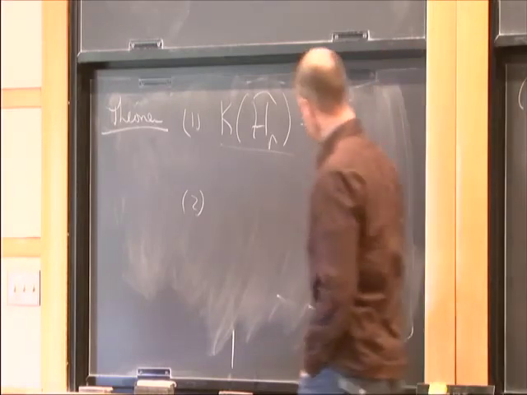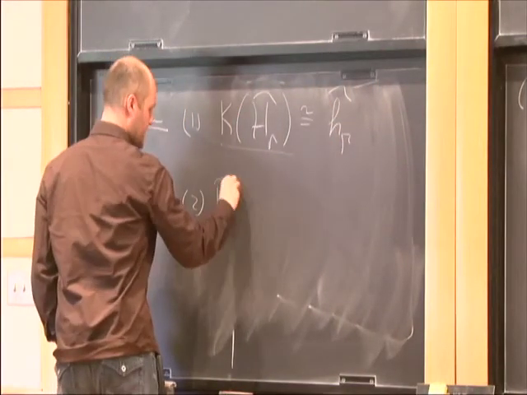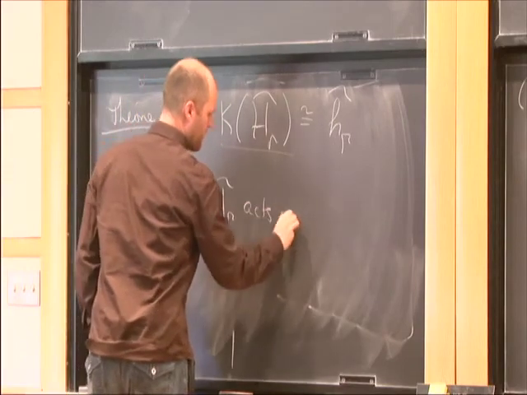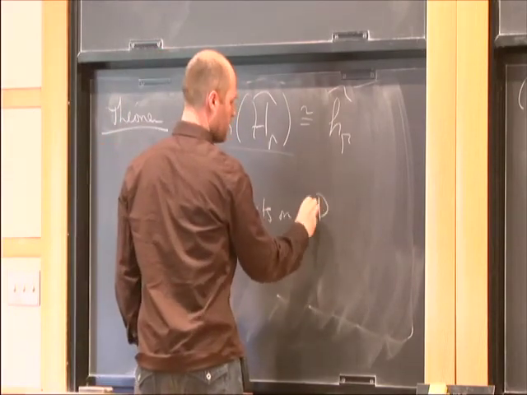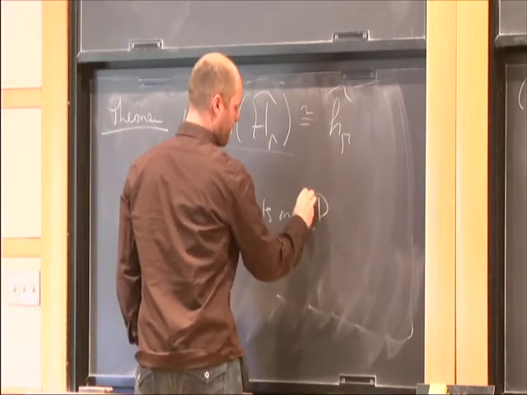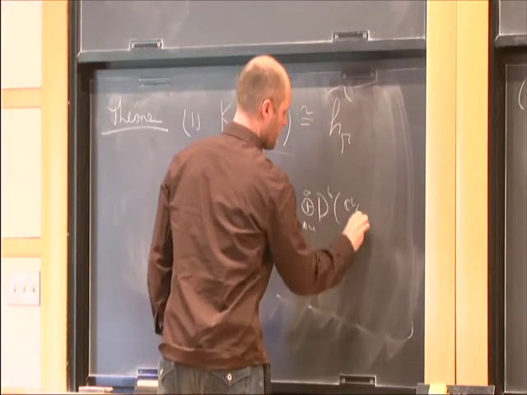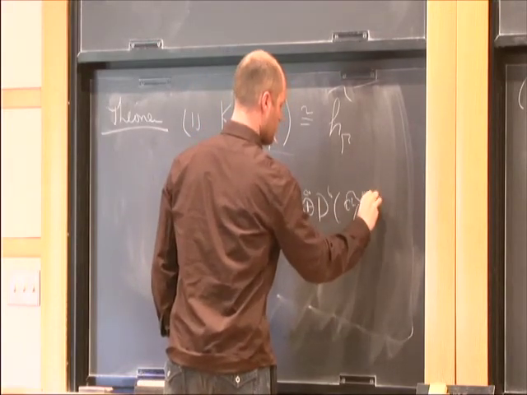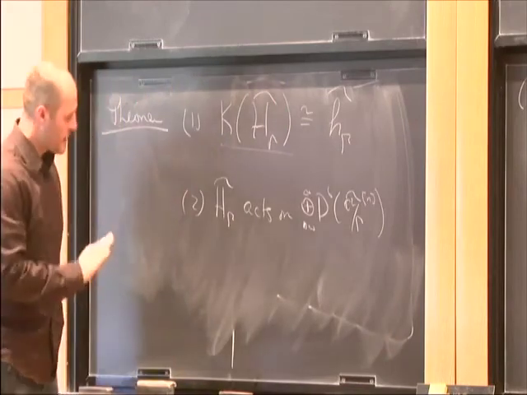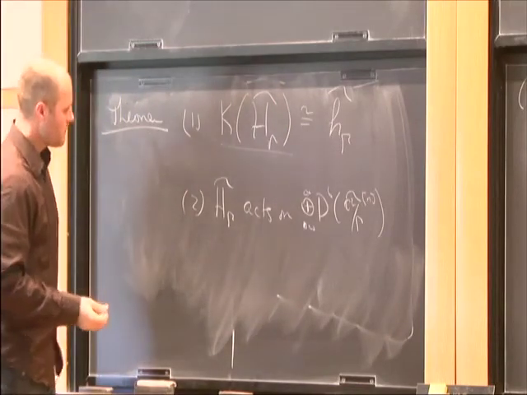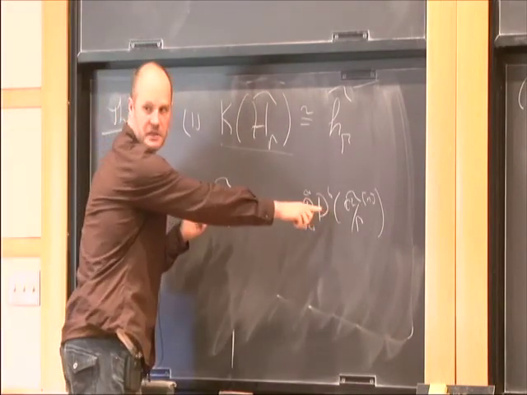So this category acts on the bounded derived category of coherent sheaves on all these systems. What does that mean? Well, what is the definition of an action of this category on this category?